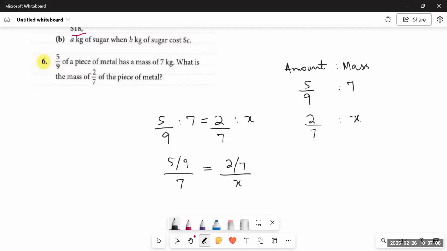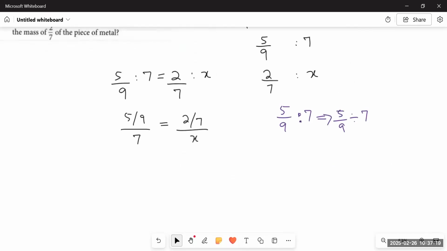Since this ratio represents division, 5 upon 9 ratio 7 means 5 upon 9 divided by 7. So we can solve it right here. How? It will be 5 upon 9 multiplied by 1 upon 7, because when we change the division sign to multiplication, the fraction afterwards is reciprocated. So it becomes 5 upon 63. This is how we can easily solve it, right?